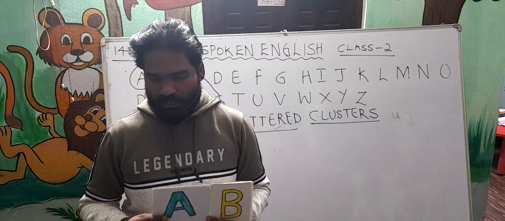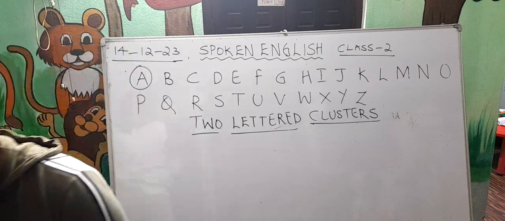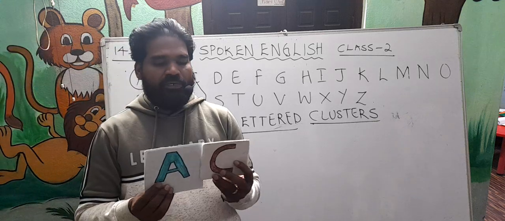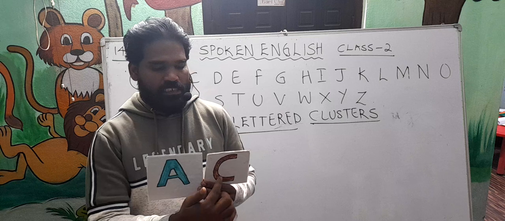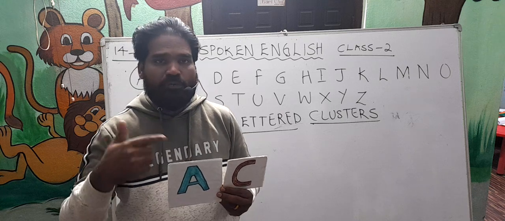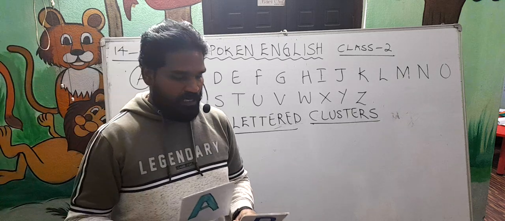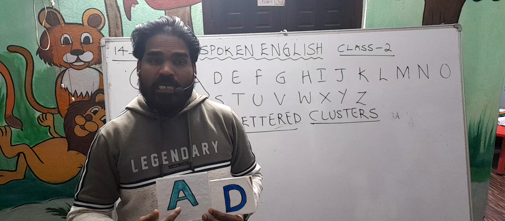Now, if you pick up the next letter, for example, C, you have here AC. You have to keep pronouncing it as many times as possible. The more pronunciation is good, the more helpful it will be for you in the later days.